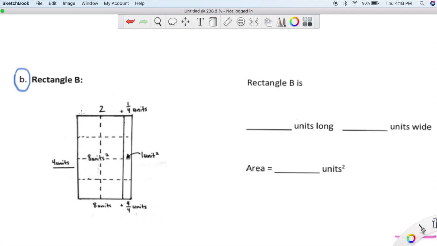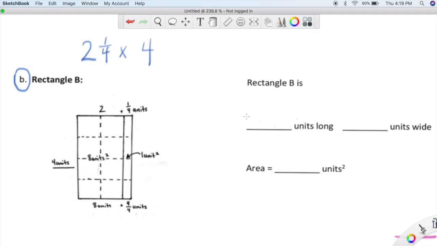So I see our dimensions. We have 2 1/4 and we have 4 units. So let's look at our expression first. So we have 2 1/4 times 4. So that is the expression that we can derive from this particular rectangle. Let's go ahead and fill in the information here in the space provided.